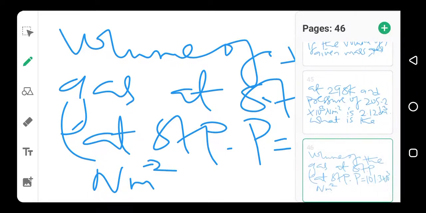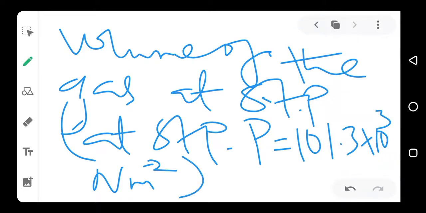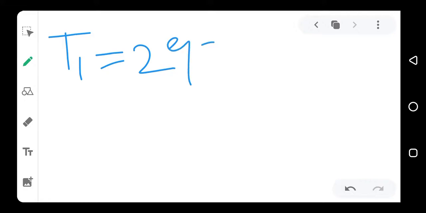Now here, the parameters given to us, T1 is equal to 298.